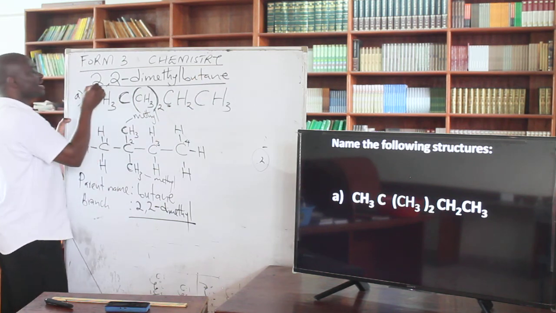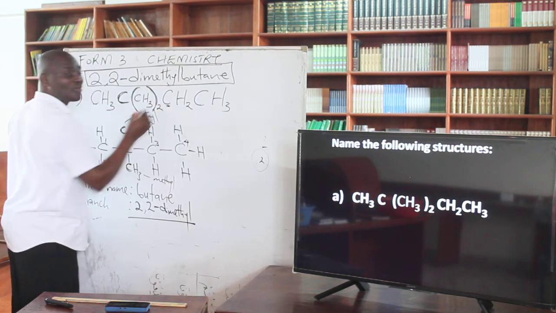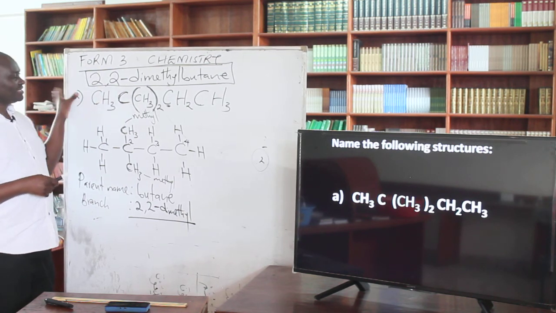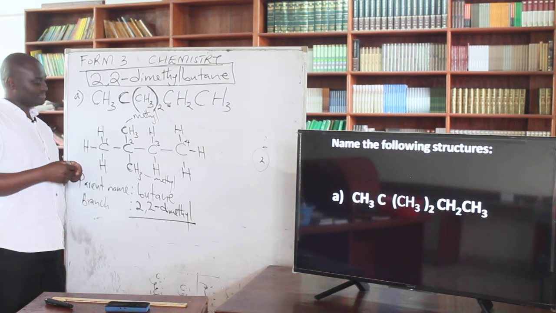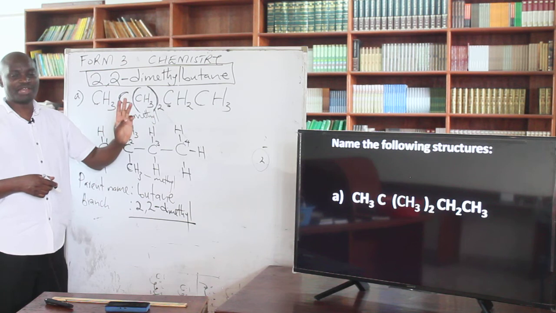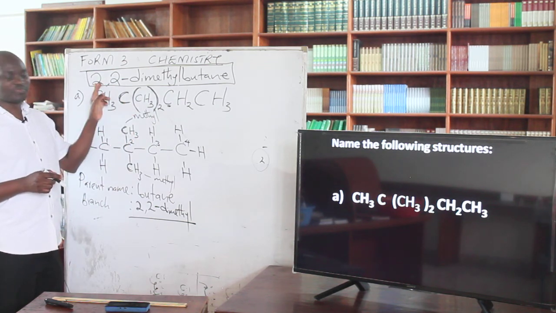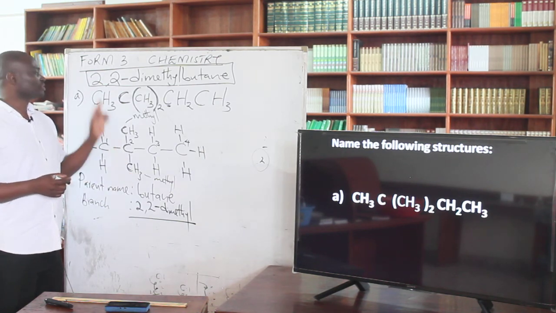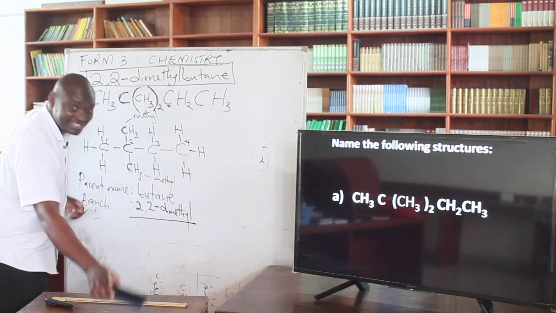So this is the name of our compound: 2,2-dimethylbutane. The longest chain is a butane, 4 carbon atoms. The first branch is a methyl at carbon number 2. The second branch is another methyl at carbon number 2. So 2,2-dimethylbutane. That is our first example.